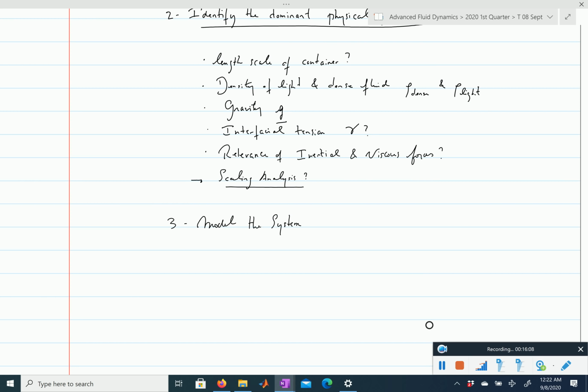So model the system, and that means once you've done the scaling analysis, to write the appropriate simplification of the Navier-Stokes equation.